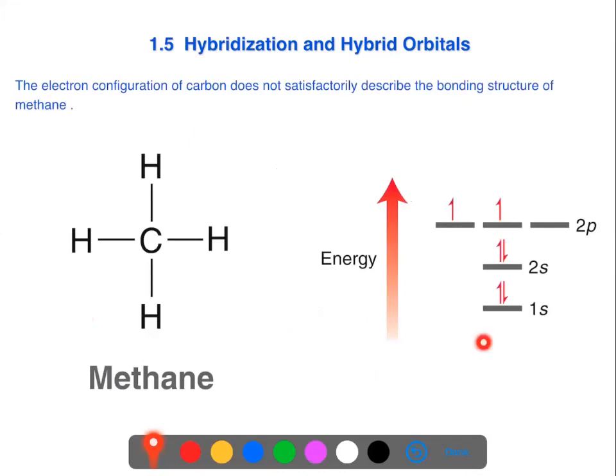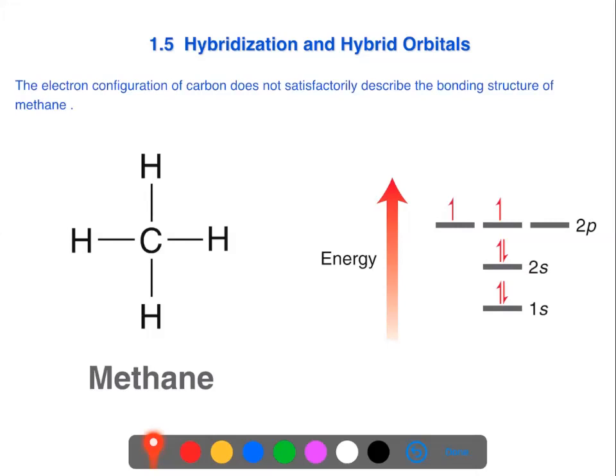As you can see from the lowest energy electron configuration, we have 2 electrons in the 1s, 2 electrons in the 2s, and then we have 2 p orbitals at the 2p level that contain a single electron.